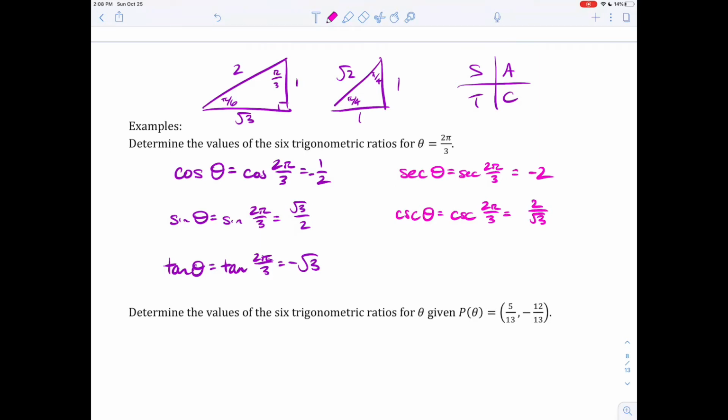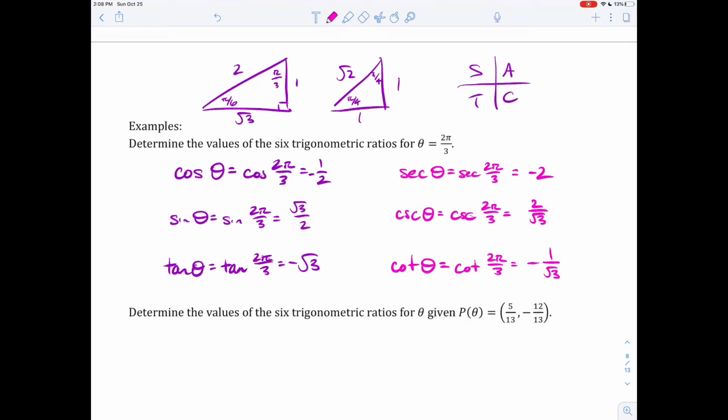And finally, for tan of theta, we're looking at it linked to cotangent of theta, which is cotangent of 2 pi over 3. And this one was negative root 3. You can pretend it's negative root 3 over 1 if you want. And then its reciprocal is negative 1 over root 3.